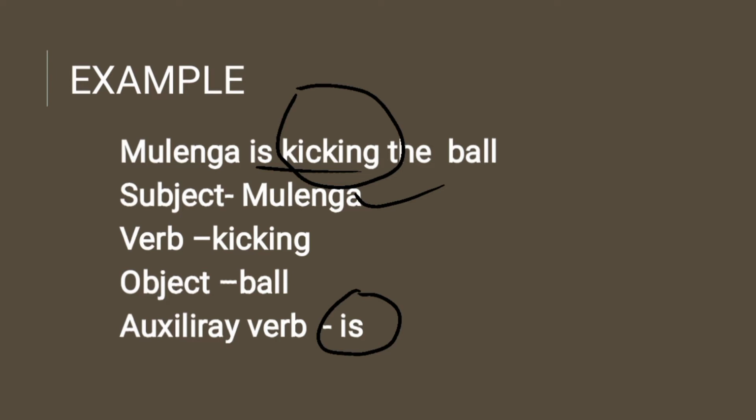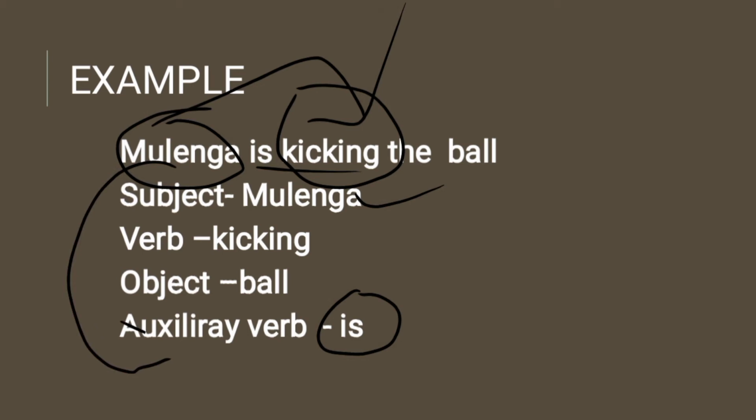So now, when we talk about this topic, subject-verb agreement, we're not talking about this subject, Mulenga, agreeing with the verb kicking. No. We are talking about this subject, Mulenga, agreeing with the auxiliary verb. Very interesting. You will like this. Mulenga is kicking the ball.